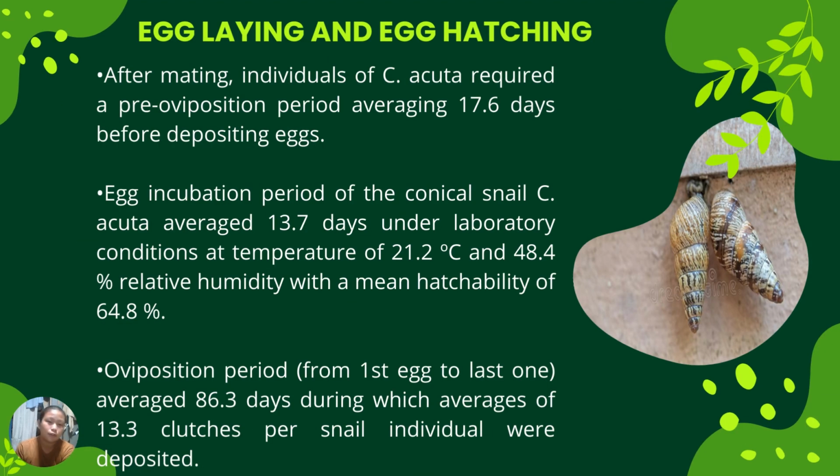So I'm fusing the egg laying and egg hatching. After mating, individuals of C. acuta required a pre-oviposition period averaging 17.6 days before depositing eggs. So pre-oviposition is the pregnancy stage of the snail.